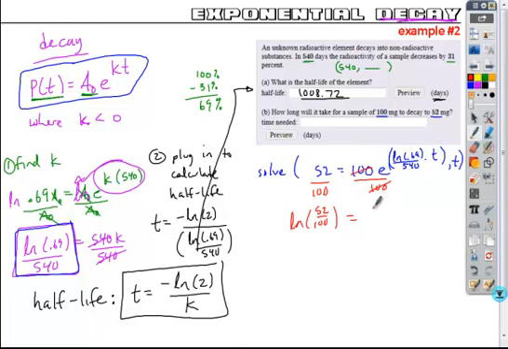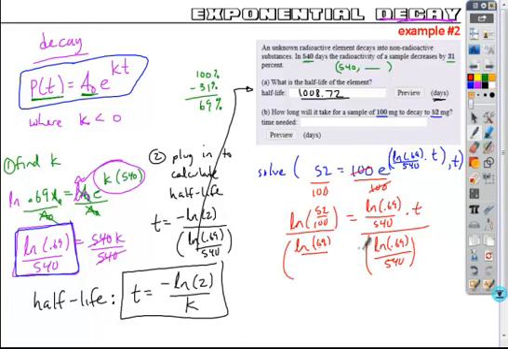The whole power comes out front, so ln of 0.69 over 540 times t, and then ln of e has a value of 1, and then you can divide both sides by this whole quantity. And those cancel, and that's going to give you your total time here.